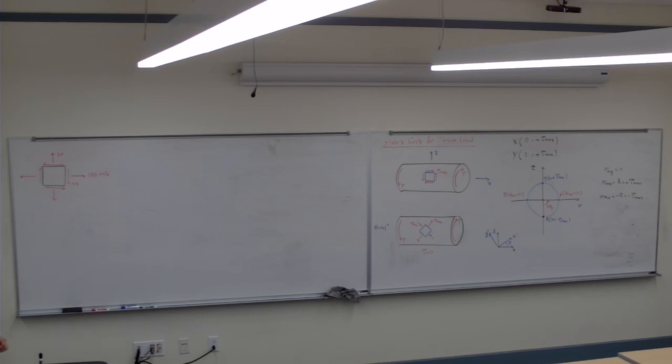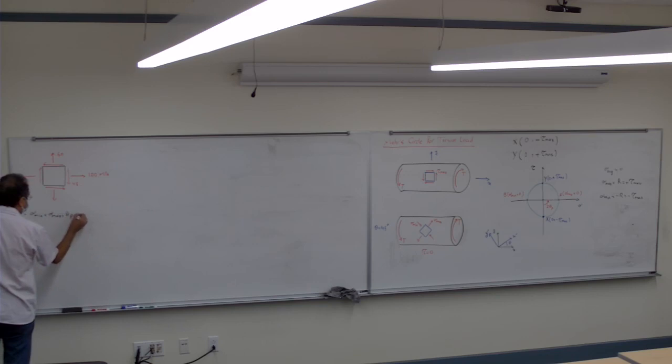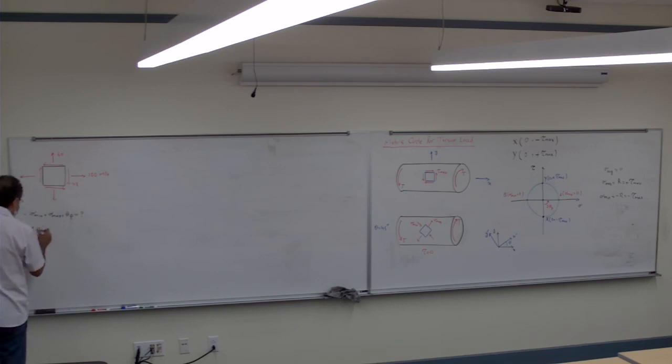So first it wants to know the sigma mean, sigma max, and theta P. The second part is that if theta is 30, then how much is there?